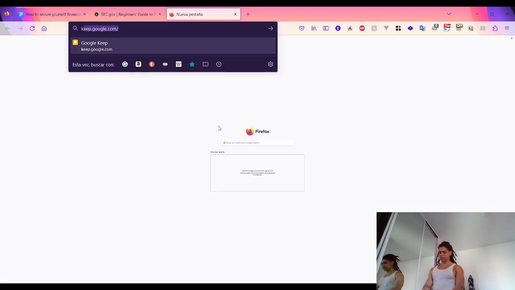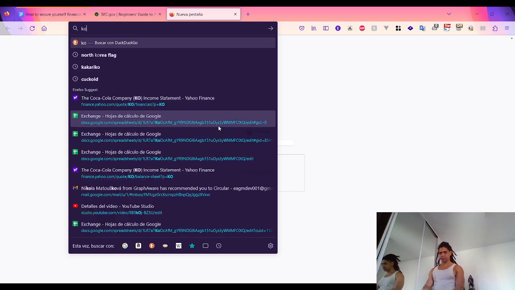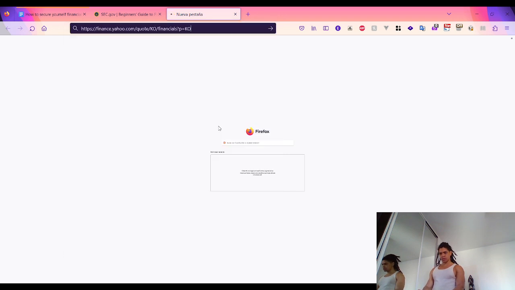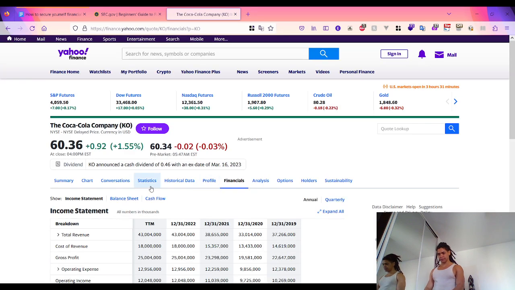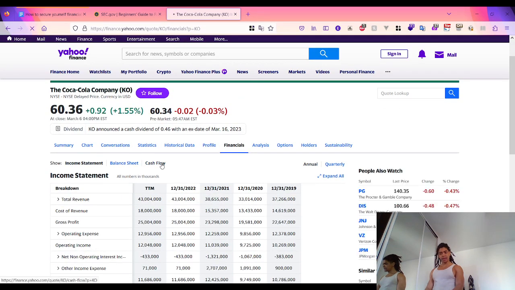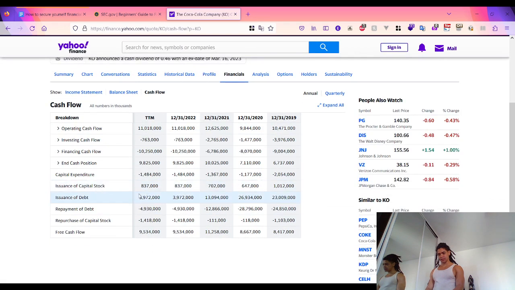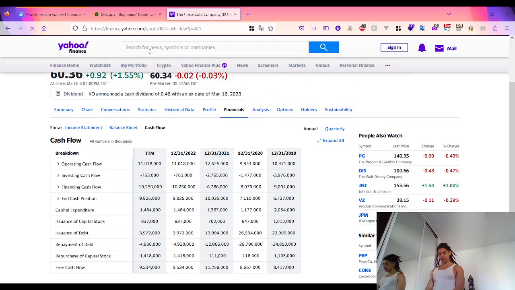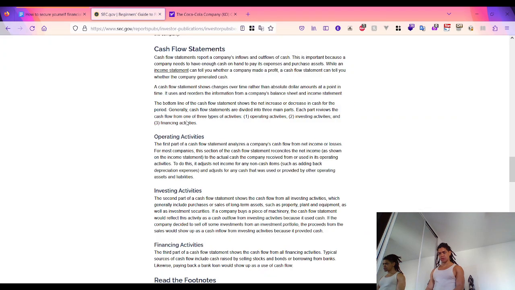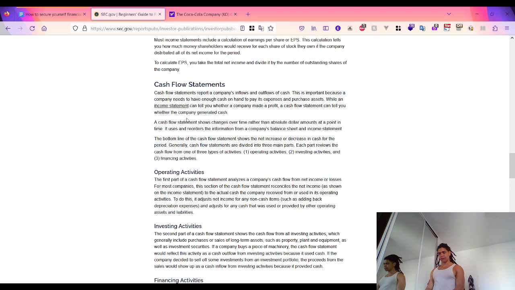So when I look here at Coca-Cola and want to look at their cash flow statement like this, the cash flow statement can tell you where the company generates cash.